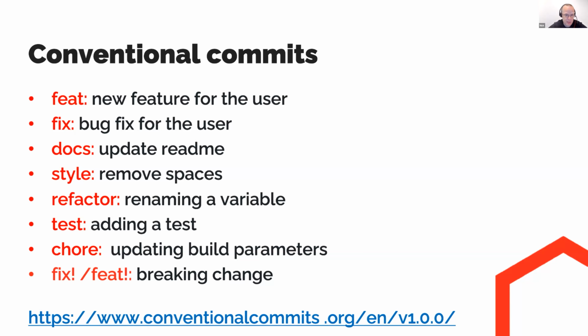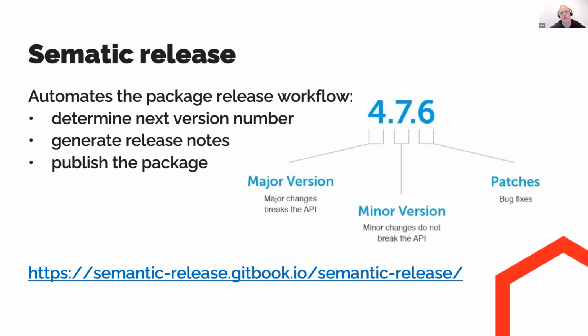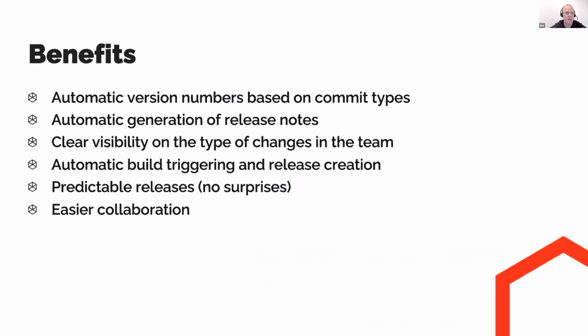Just by adding the exclamation mark, the semantic release component knows, hey, this is a breaking change, I have to update the major version number. I will show you in the demo how this works in practice. So the benefits of using these conventional commits and semantic releases are that it automatically creates a standardized way of working across teams, and also that a lot of things can be automated.